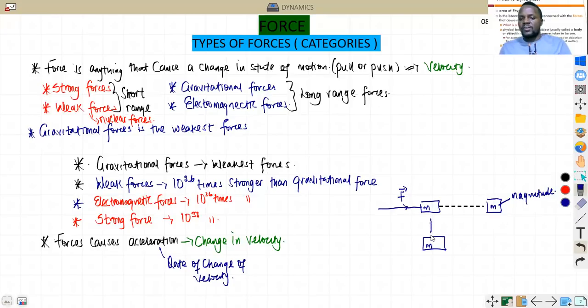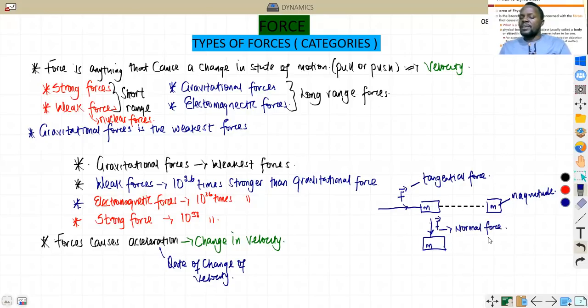As the force is not in line, as you can see, it is coming like that, just like vertical force. Vertical forces are normal forces. Horizontal forces are tangential forces. So vertical forces are what we call normal forces.